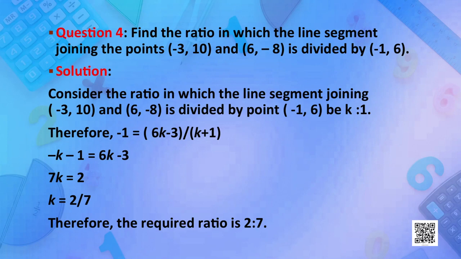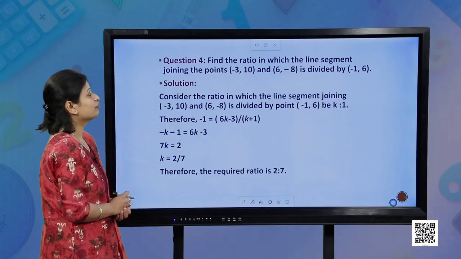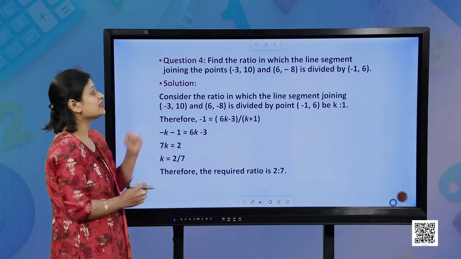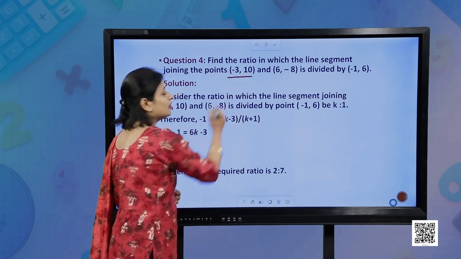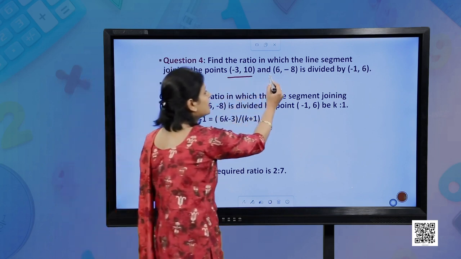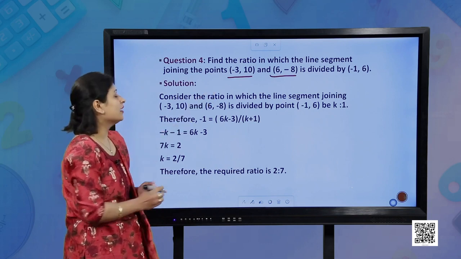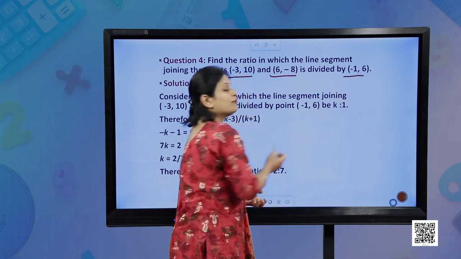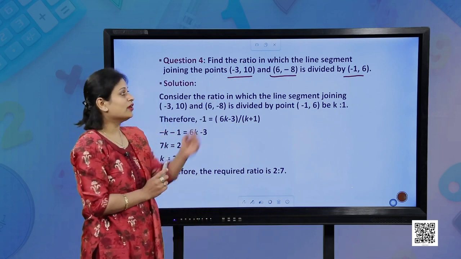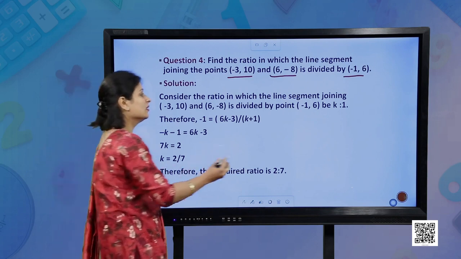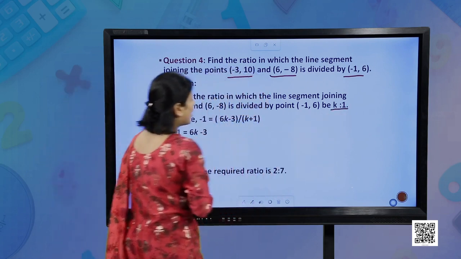Now, we will discuss another question of this exercise, question number 4. Find the ratio in which the line segment joining the points minus 3, 10 and 6, minus 8 is divided by minus 1, 6. We need to find out the ratio and the point of division is given. So, we will consider the ratio as k:1.